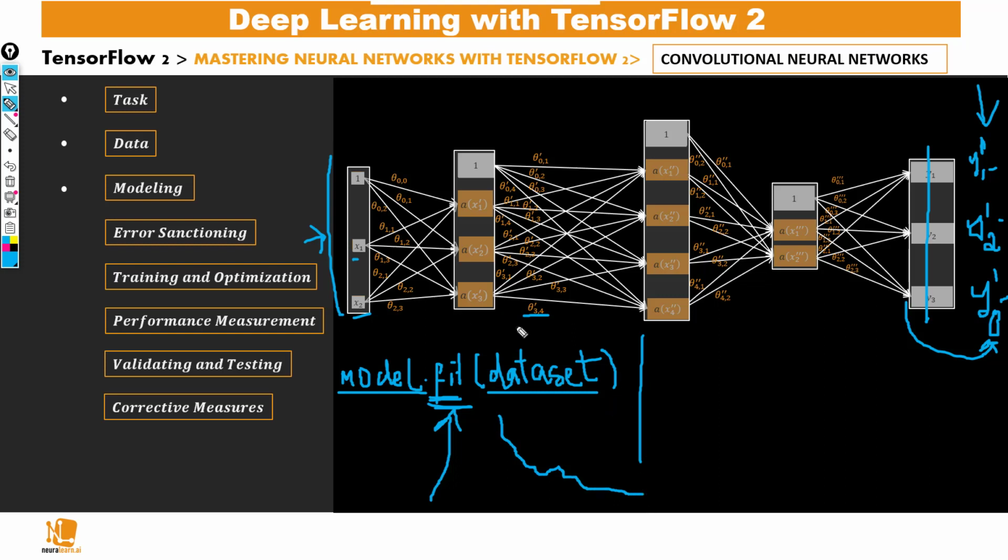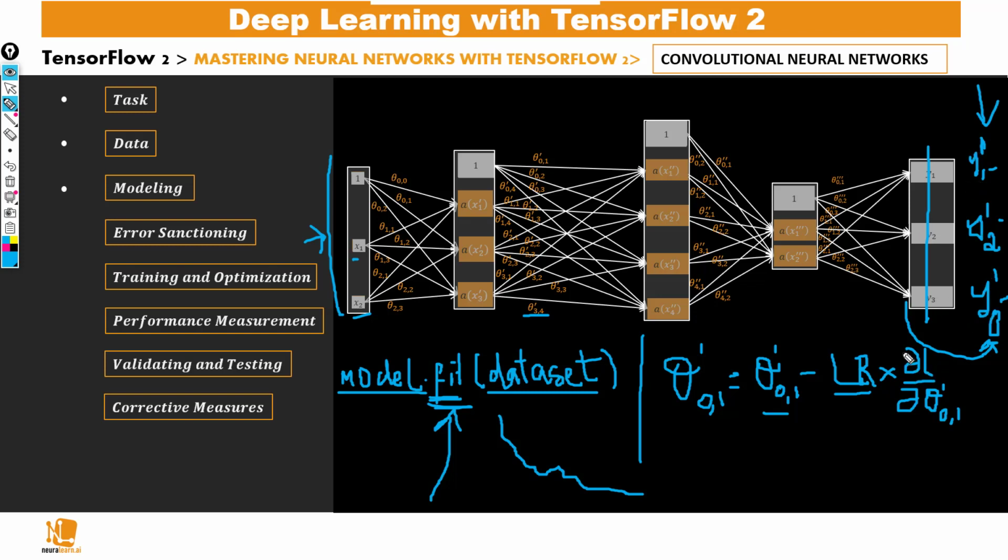But recall also that the way we update these weights is such that we take the initial weight minus the learning rate, which is a constant we define, times the partial derivative of this loss. Now the loss, which we've seen here, is the difference between the model's predictions and the actual prediction.